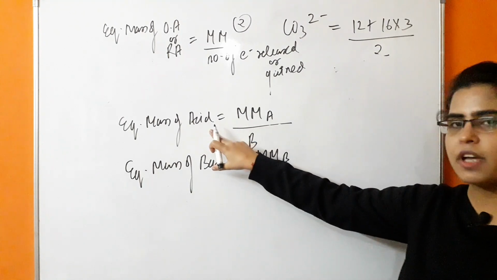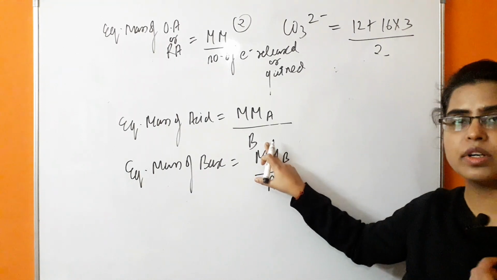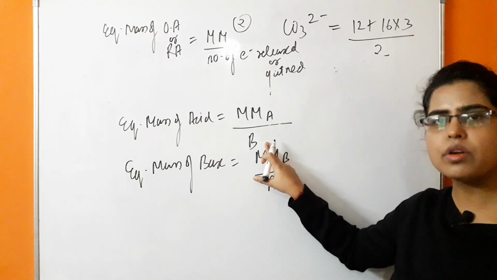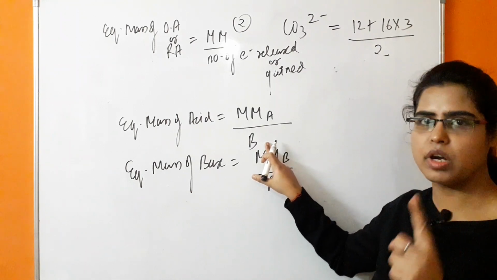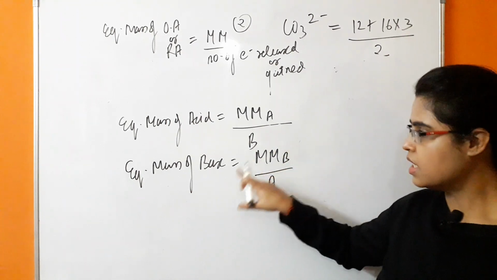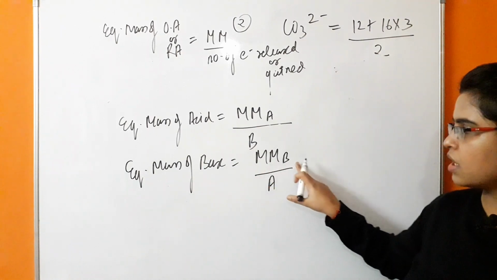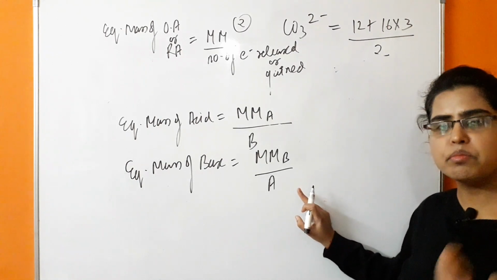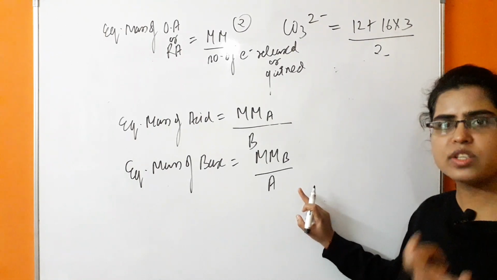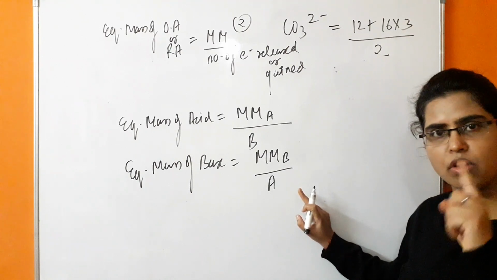What is basicity? It is the number of displaceable H+ ions present in one molecule of acid. Similarly, for the base, the molecular mass is divided by acidity, the number of displaceable OH- ions present in one molecule of base.